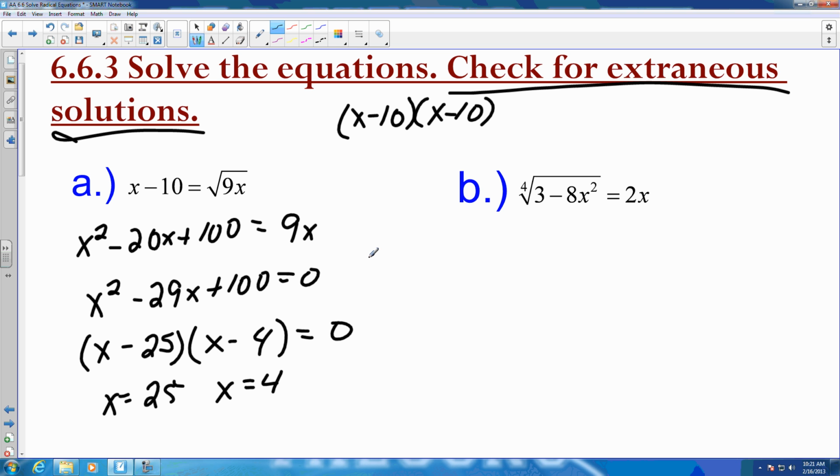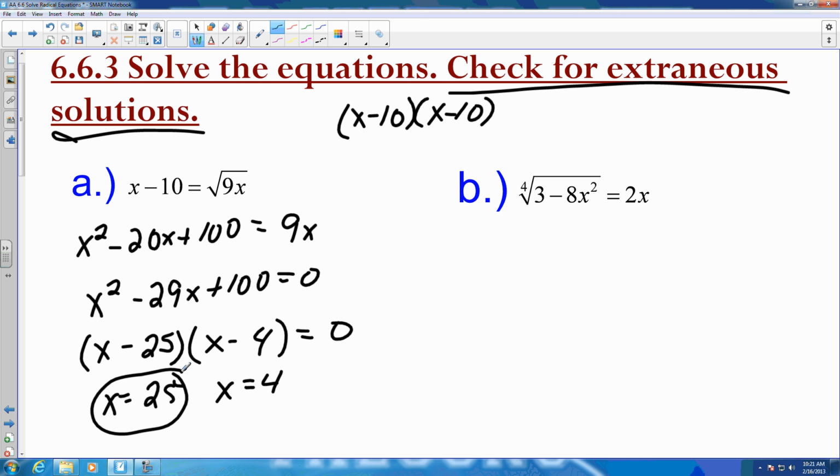Then keep that in mind. If I go to the right-hand side of my equal sign, 9 times 25 gives me a value of 225. So the square root of 225 is 15. So x equaling 25 checks out.